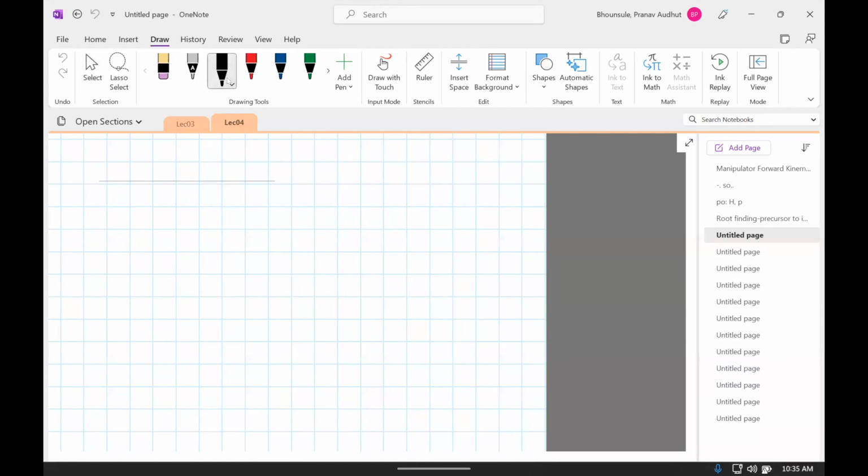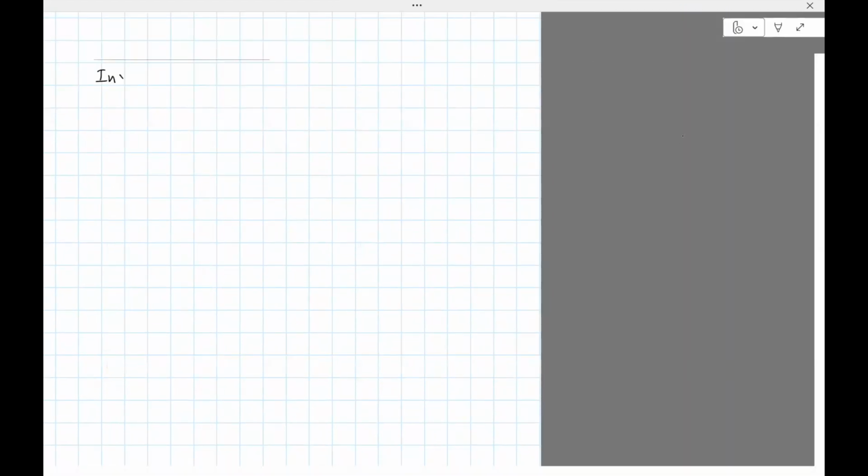Okay, so inverse kinematics of a two-link manipulator.